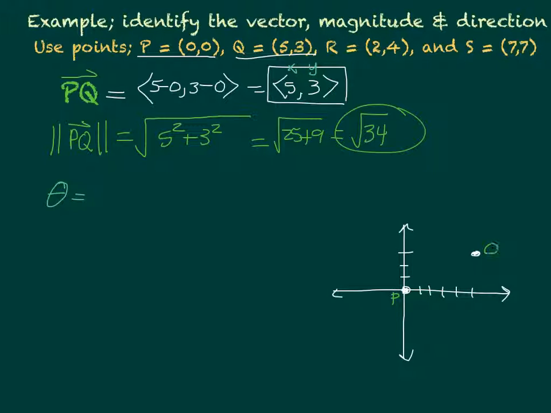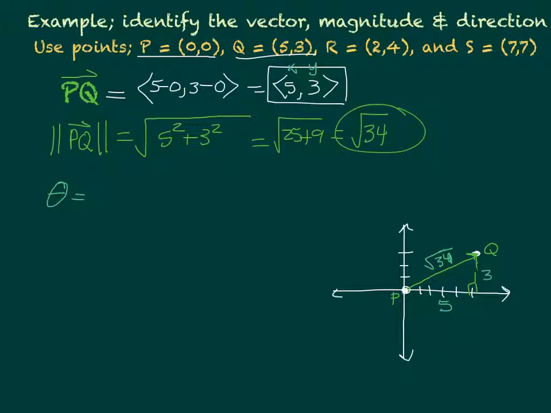So my vector is going from P to Q with an arrow on the end. So I have the right triangle right there. Now I can see this is 5, this is 3, and this is where my magnitude is, which is the square root of 34. That's where that radius, that r, comes in.